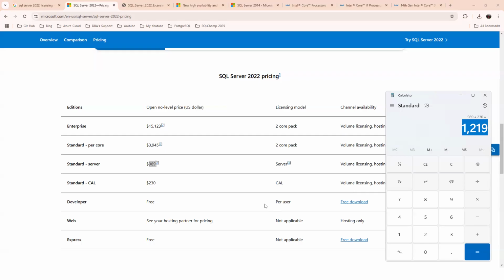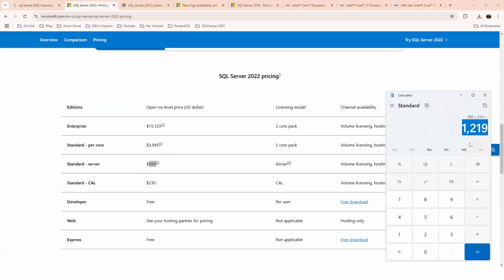But that is for only one device. However many servers or hosts you want to connect, for one more host you need to add 230, and for one more host, add 230 again.